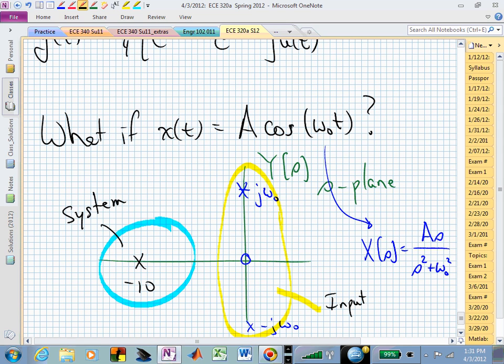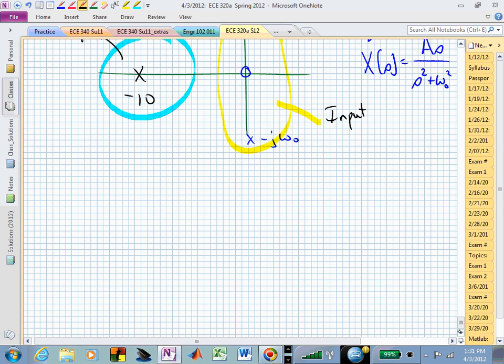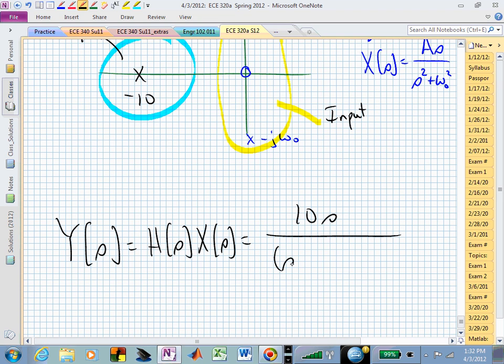And that's jumping out at you based on this pole-zero diagram. And if you wanted to, you could say, well, my y of s is now h of s, x of s, which is 10s over s plus 10 times s squared plus omega naught squared.